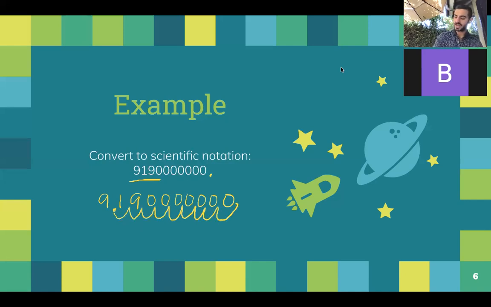So if we have 9.19, we multiply that by 10, which is our base, and how many times we move the decimal. And we move the decimal to the right. So it's going to be 9.19 times 10 to the 9th.